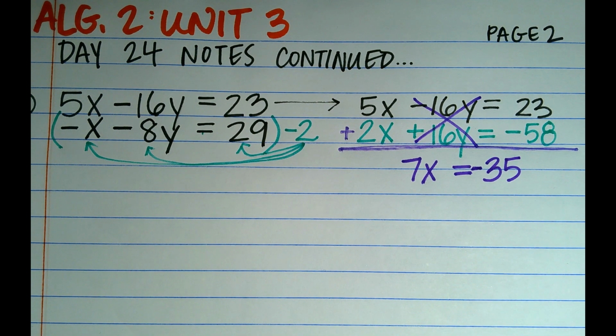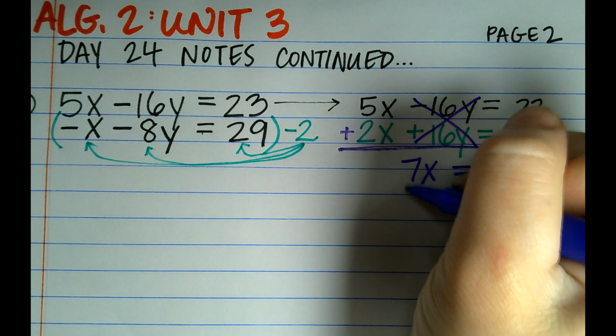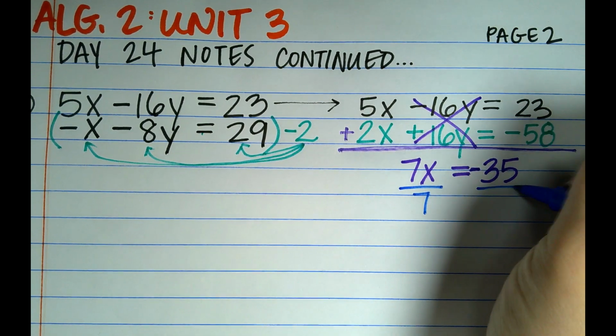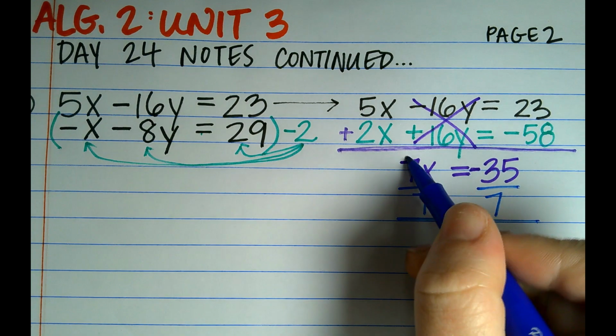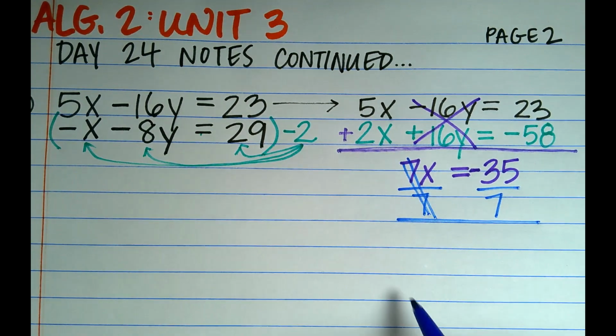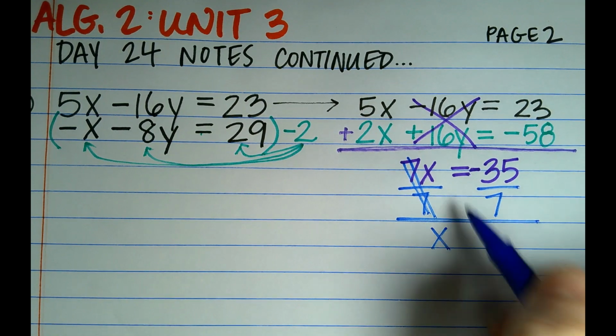What's my last step? Divide. We're going to divide by 7. Both sides. And the 7s will cancel, leaving me with an x all by itself.